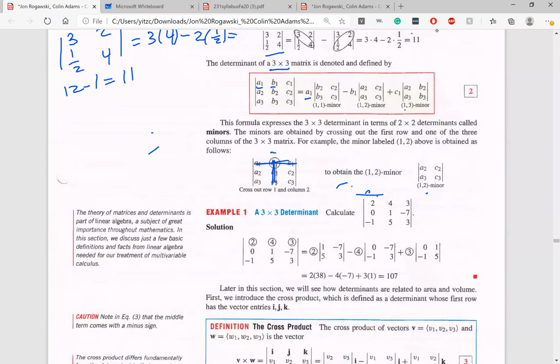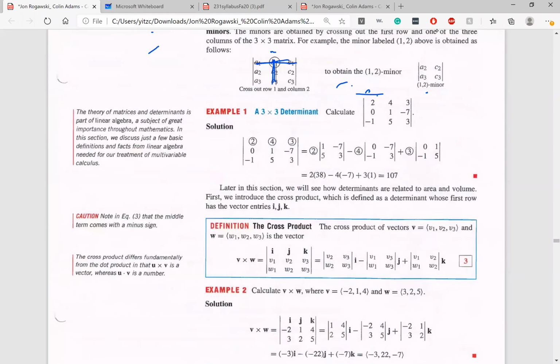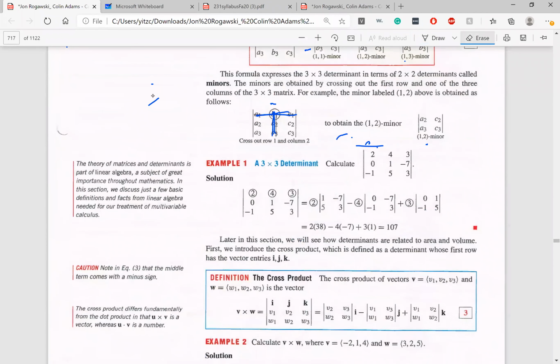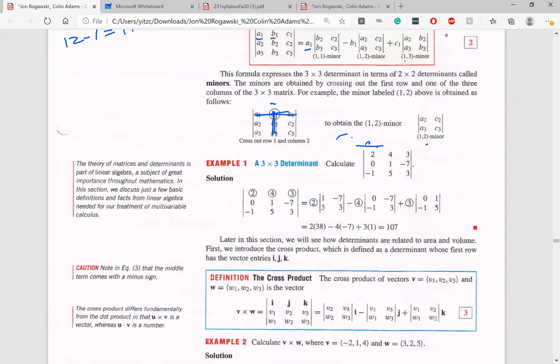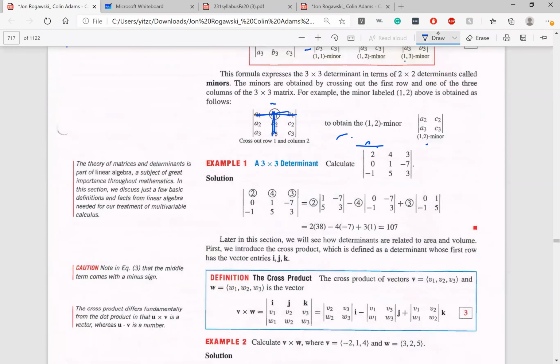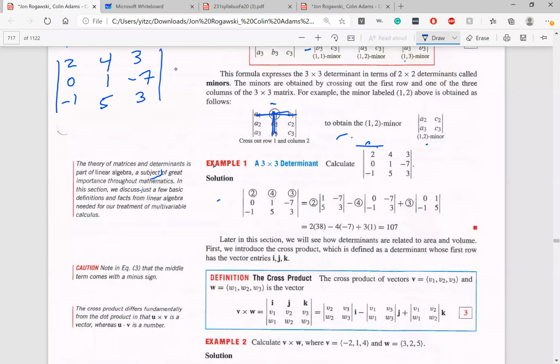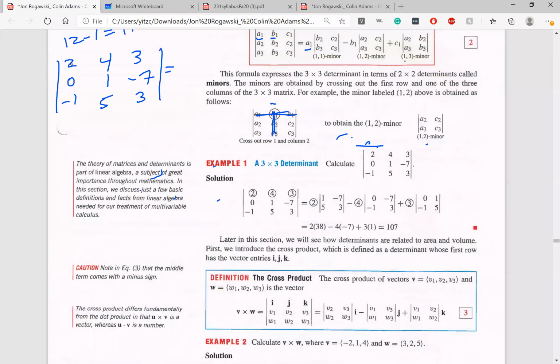So let's try to calculate the determinant of the following matrix. Okay, so let's try to calculate the determinant of the matrix 2, 4, 3, 0, 1, -7, -1, 5, 3. Okay, let me actually do it on the other page.